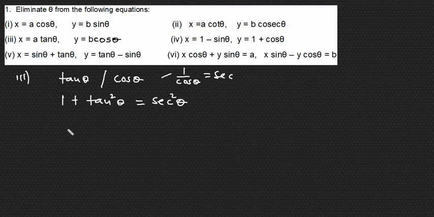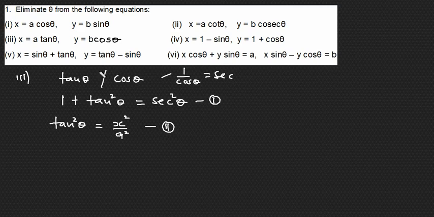So let us look for tan. Tan theta is going to be x over a, so tan squared will be x squared over a squared. That is 1. Then this is 2.